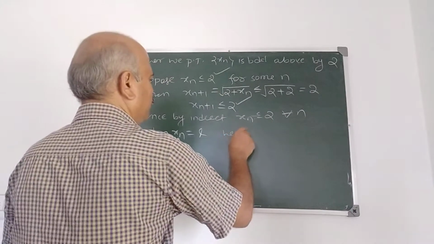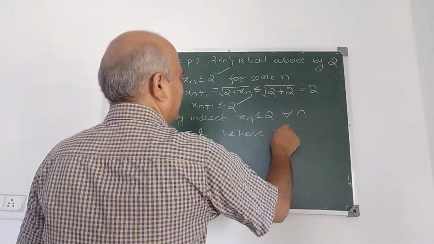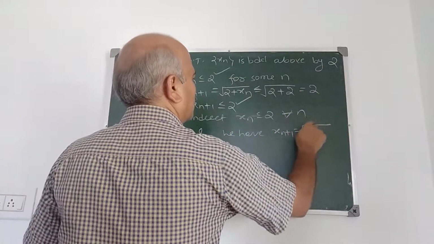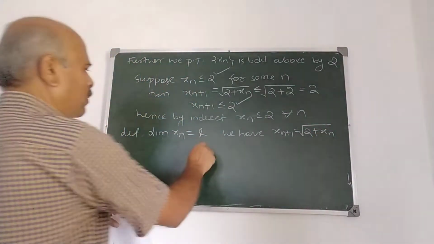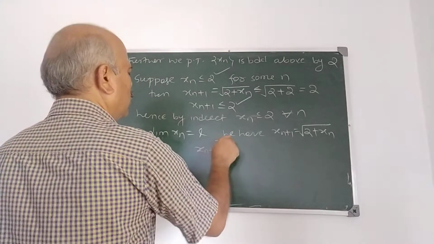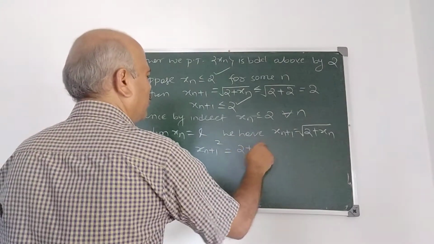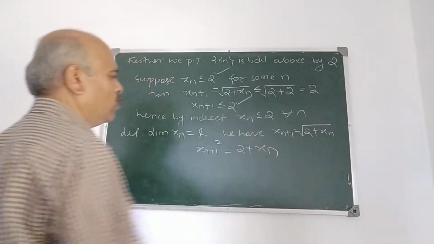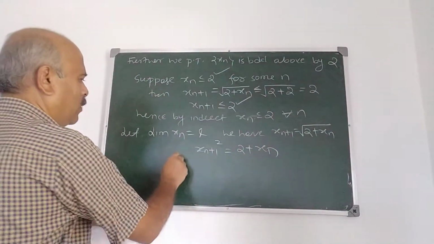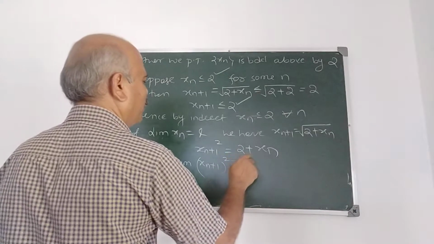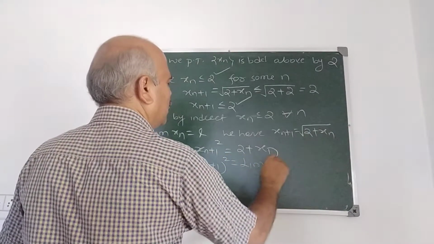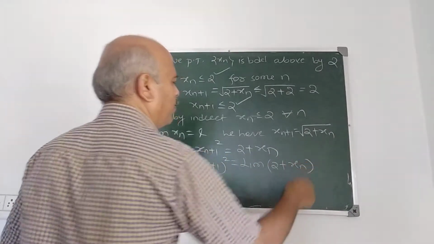We have xn+1 is square root of 2 plus xn. Correct? Therefore, xn+1 squared is 2 plus xn. Therefore, limit of xn+1 squared is equal to limit of 2 plus xn.